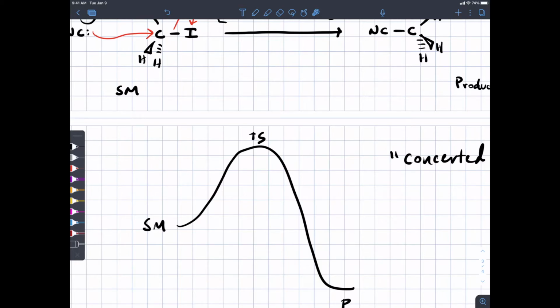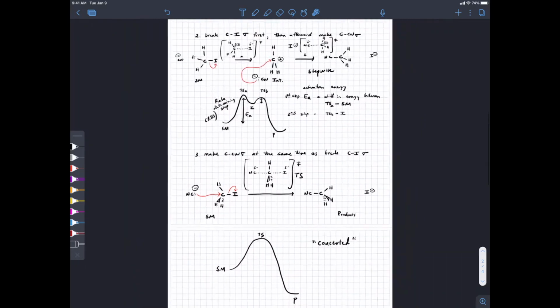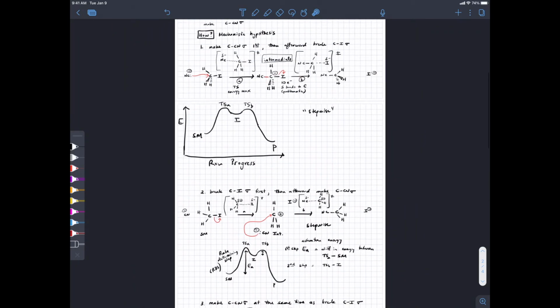Discerning between mechanisms 3 and 1 is difficult and is going to require calculations, and perhaps also experiments designed to observe intermediates. Because intermediates occupy an energy minimum, they have a longer lifetime, so you can do experiments that observe them.